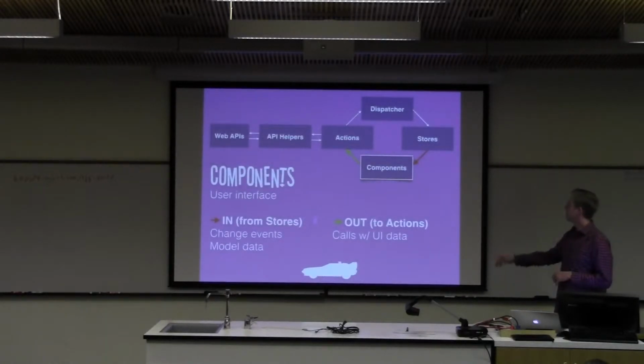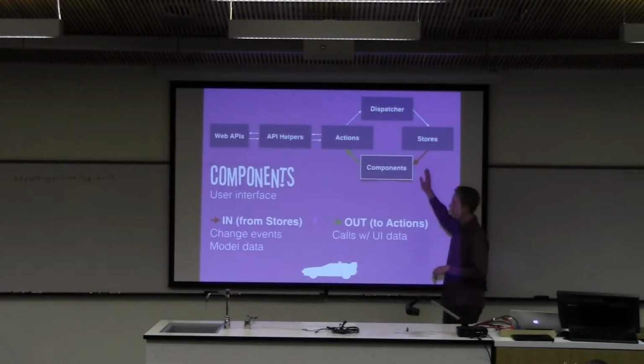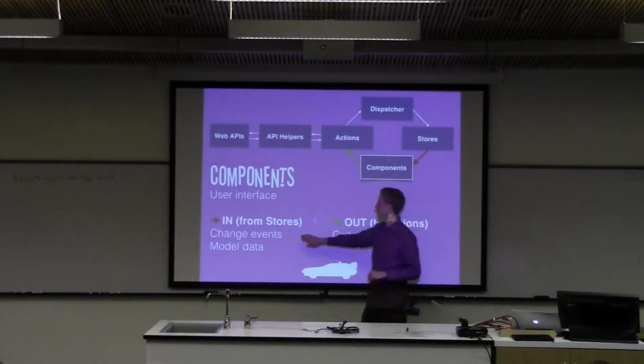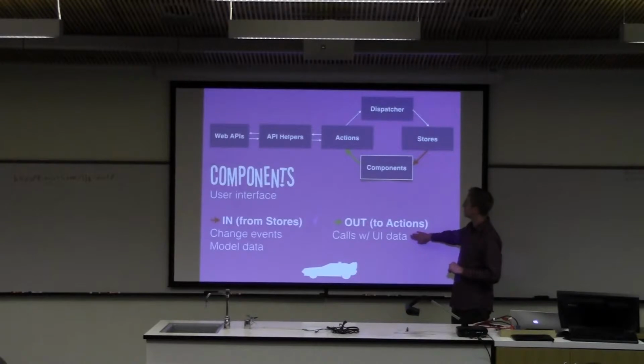Once we make it to the stores, we're ready to go back into the components. So each of the stores is going to say, I just changed, and here's what I changed with. Well, actually, no. It's going to say change first. And then this guy is going to say, okay, what did you change with, and be able to fetch that model data into its component.